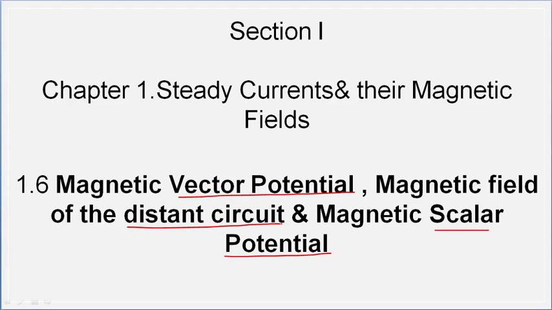So just like in electrostatics we found the electric field due to the dipole at a very large distance, in the same way we will find the magnetic field of a distant circuit. So these are the things we are going to do.